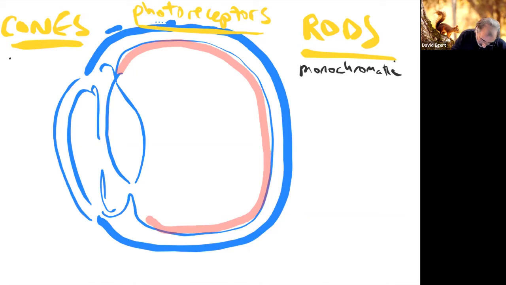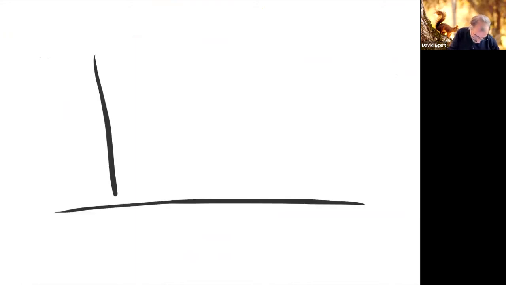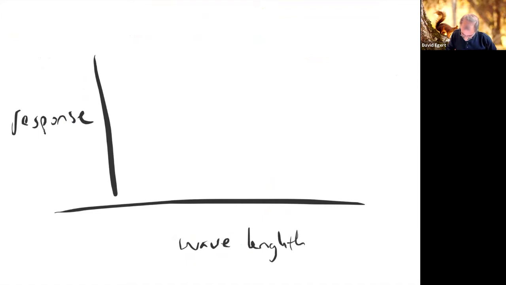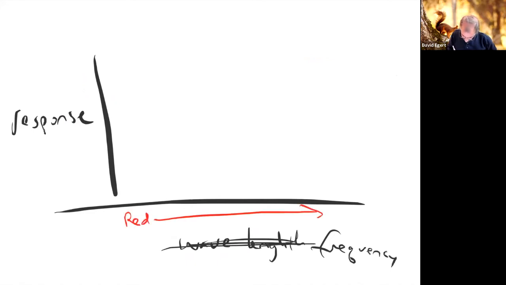Cones, on the other hand, detect color because we have 3 different kinds of cones. If you remember, if I looked at response and wavelength, or let's say frequency. I like thinking of frequency because it's more intuitive for me. Frequency of the light, red. Remember Roy G. Biv?